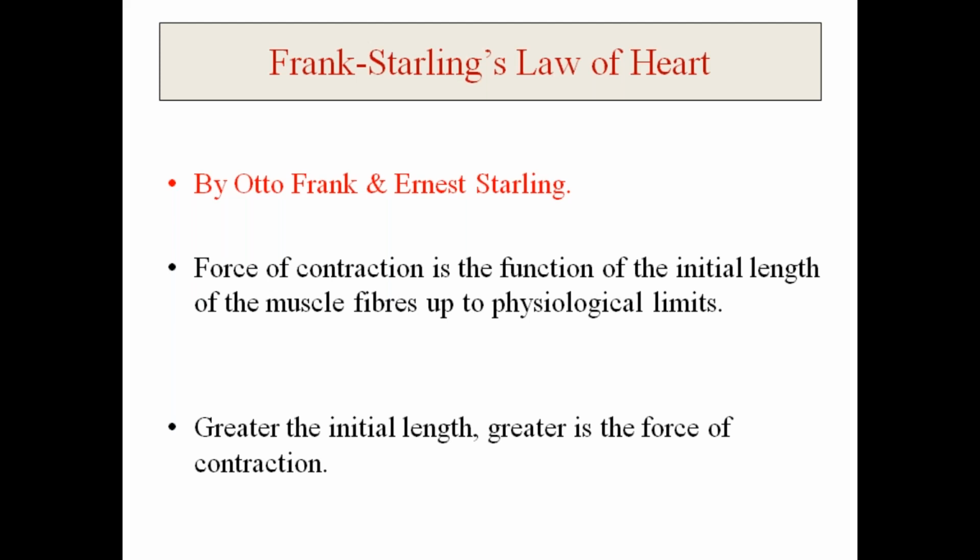This law was given for cardiac muscle, but it is also applicable to skeletal muscle. It was given by two scientists, Otto Frank and Ernest Starling. As per them, the force of contraction is a function of the initial length of the muscle fiber within the physiological length. Simply put, force of contraction is directly proportional to the length of the muscle fiber.